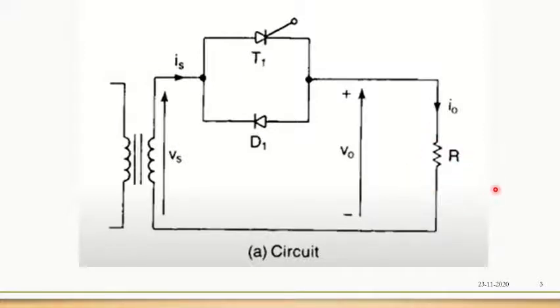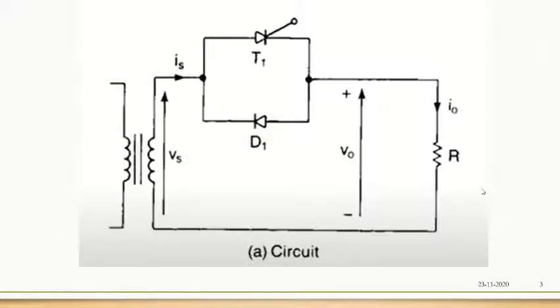But because of the diode, in the negative half cycle you are not able to control the output, so there is a DC component. To overcome this, we can connect one more power device in this part of the circuit, wherein you can control the negative half cycle as well.